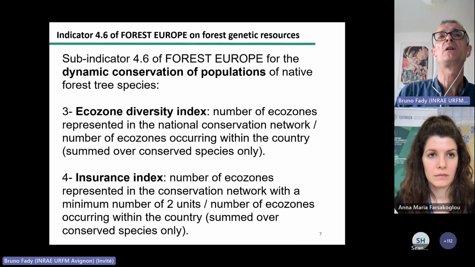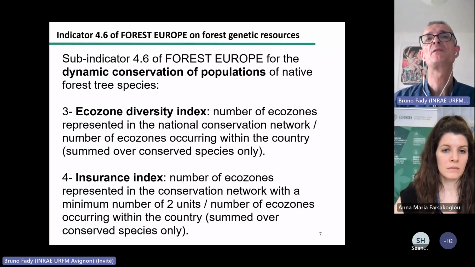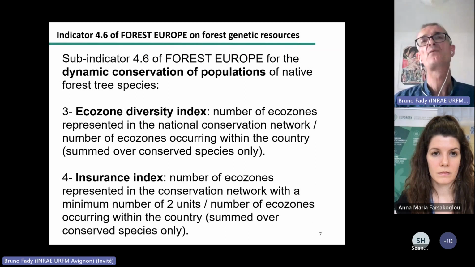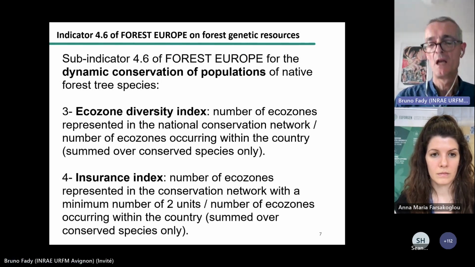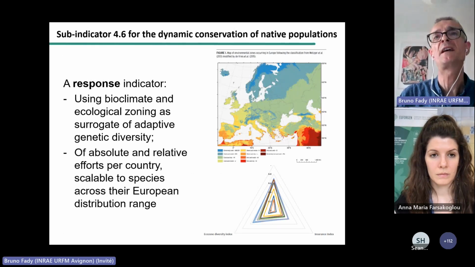The third level of this indicator is ecozone diversity, meaning the number of ecozones represented in the National Conservation Network versus the number present in the country. And the fourth part is an insurance index, meaning the number of ecozones represented by a minimum of 2 conservation units. So really, you can see that this is clearly a response indicator.